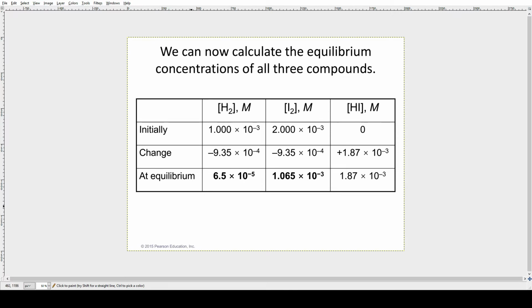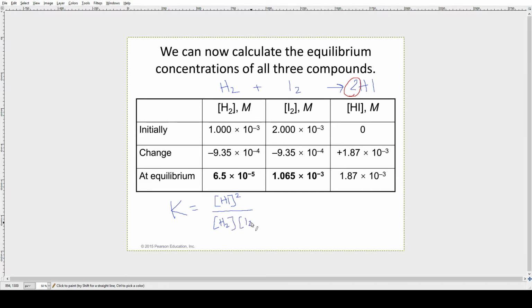Now, what we're going to do in the next slide, we'll have these numbers, is we're going to plug these into our K formula. We know this is H2 plus I2 reacts to form HI. So we know in order to get the correct K, we need to take our HI concentration, square it. This came from up here. And then we will put our H2 and I2.